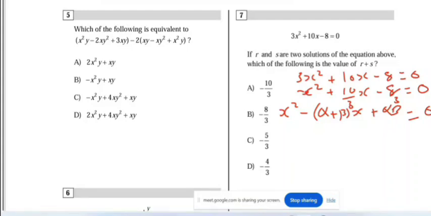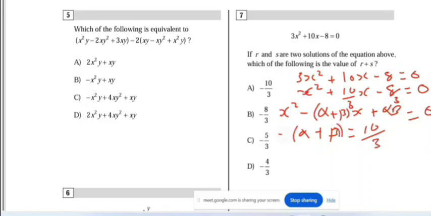Now from here, if you compare this and the expression, you notice that this alpha plus beta is 10 over 3. Of course, you know that here is minus (alpha plus beta), and here is plus 10 over 3.